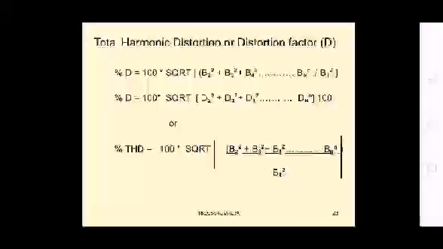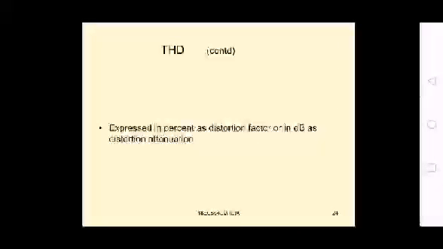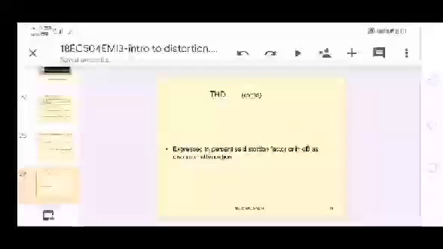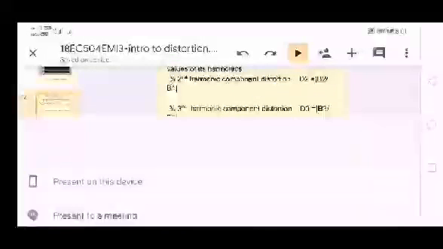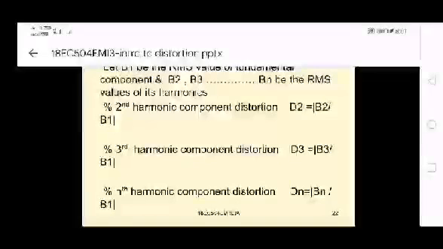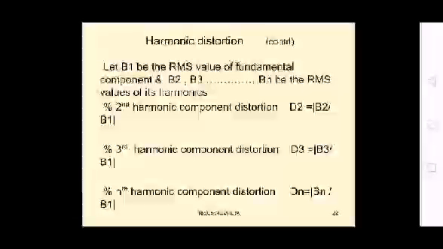So previously we found the harmonic distortion due to each individual harmonic. Due to the second harmonic, the amount of distortion is D2, which is equal to B2 by B1.